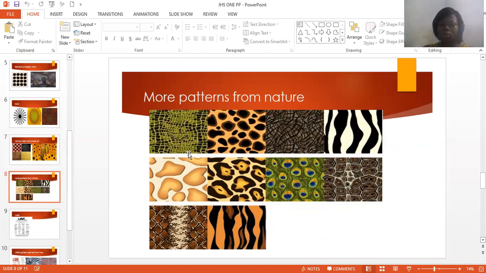The next one, we look at more patterns. With these patterns, I've mixed them up a little for you. We have the crocodile skin, the leopard, the elephant, the zebra, the giraffe, the peacock, the snake, the tiger, you name it.